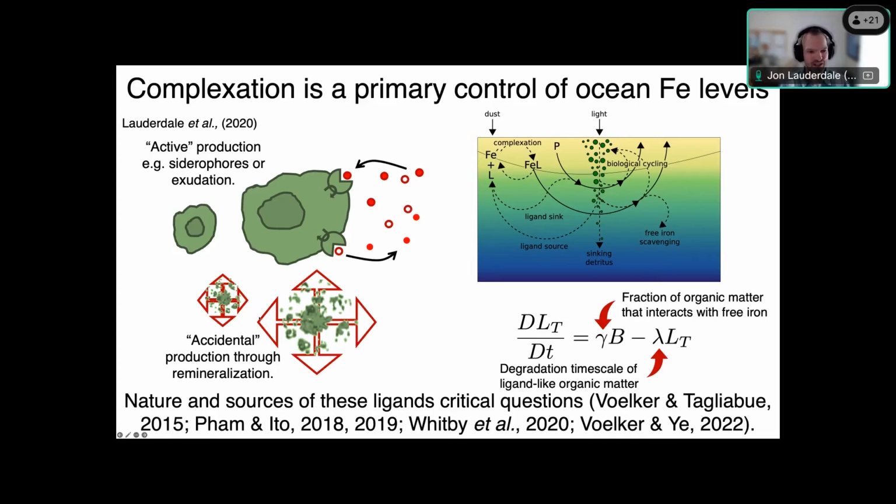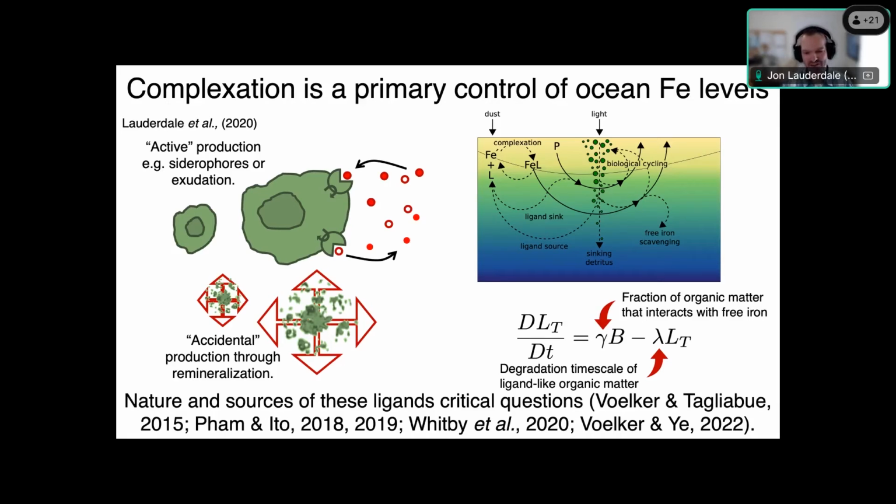Further down in the water column, you can get what I call accidental production of ligands through cell lysis, which releases the internal cell contents that could bind iron in life and are now allowed to float around in the water column. A small, tiny portion of that could act as ligands to protect iron.